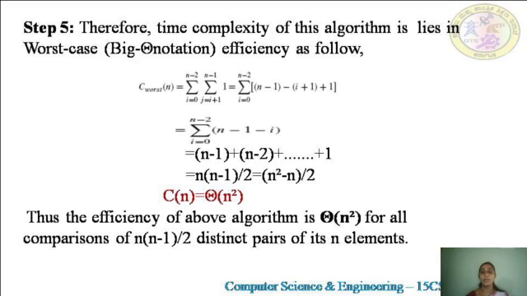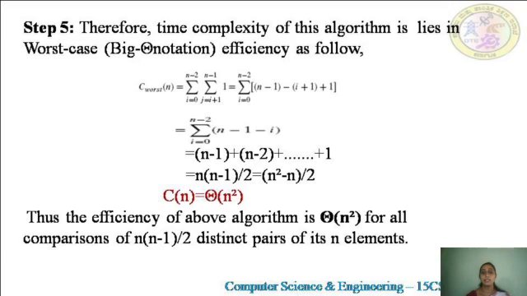This n square minus n divided by 2 is nearly equal to n square. Therefore, C of n can be equated to theta of n square. Hence, the efficiency of the above algorithm is theta of n square for all comparisons of n into n minus 1 divided by 2 distinct pairs of its n elements.